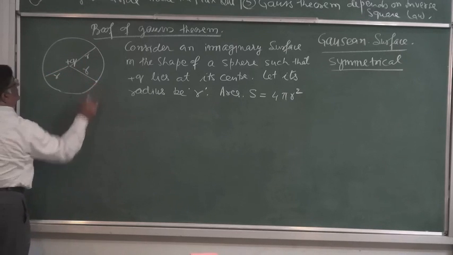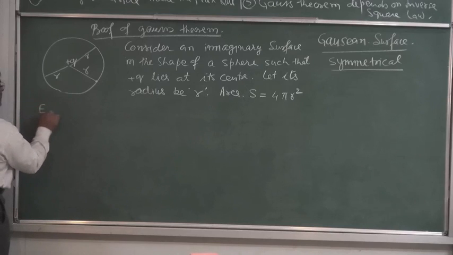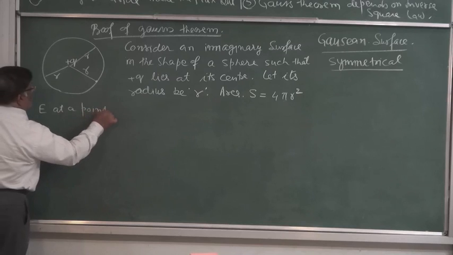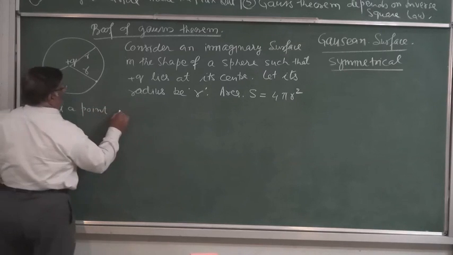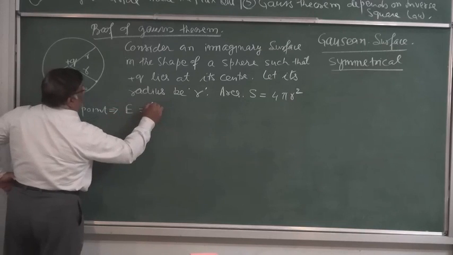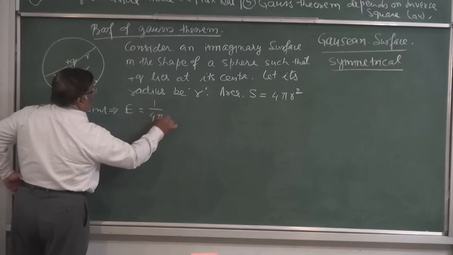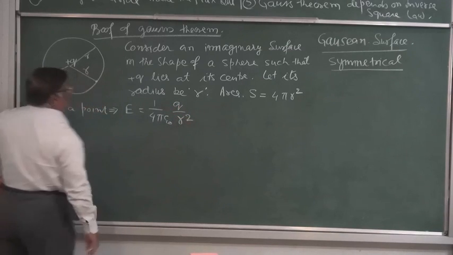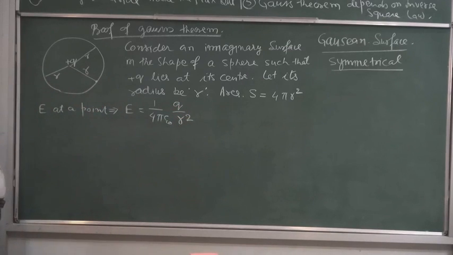The electric field at this point, E, is E equal to 1 upon 4 pi epsilon naught Q upon r square. This we have already studied.